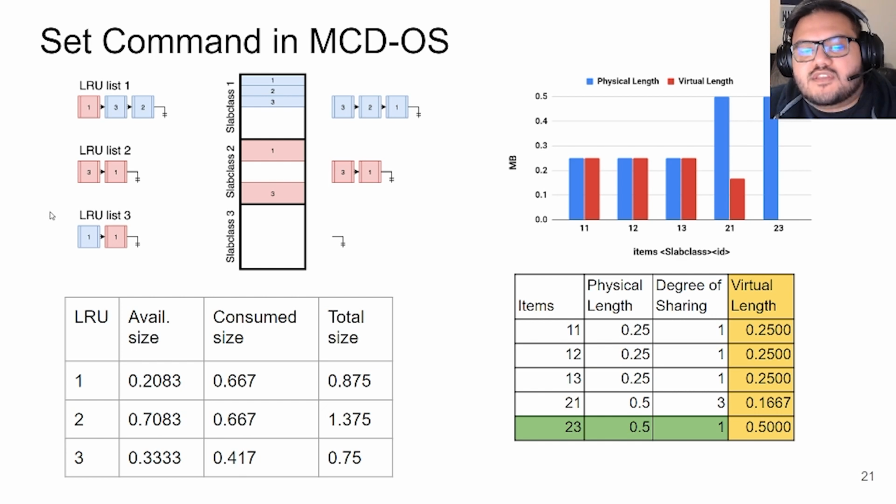In this case, it actually caused a ripple length of 6. We find that there are objects that were deallocated from physical memory, and this is due to them not being shared anymore across the LRUs. In other words, they have a sharing degree of 0.